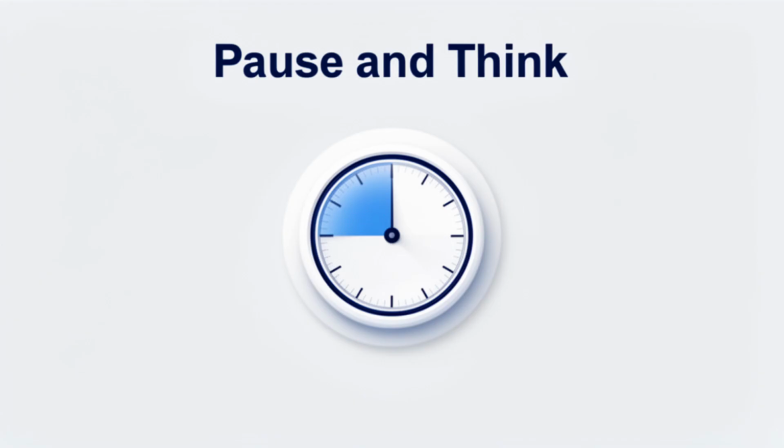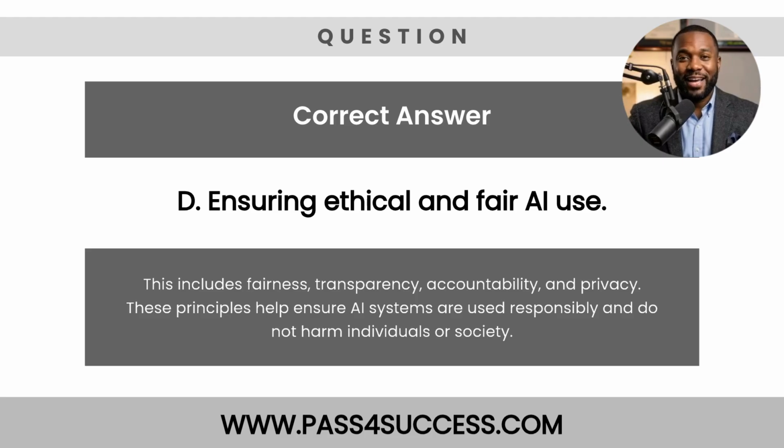Take a few seconds to think about this one. The correct answer is D. Ensuring ethical and fair AI use. Explanation. This includes fairness, transparency, accountability, and privacy. These principles help ensure AI systems are used responsibly and do not harm individuals or society.